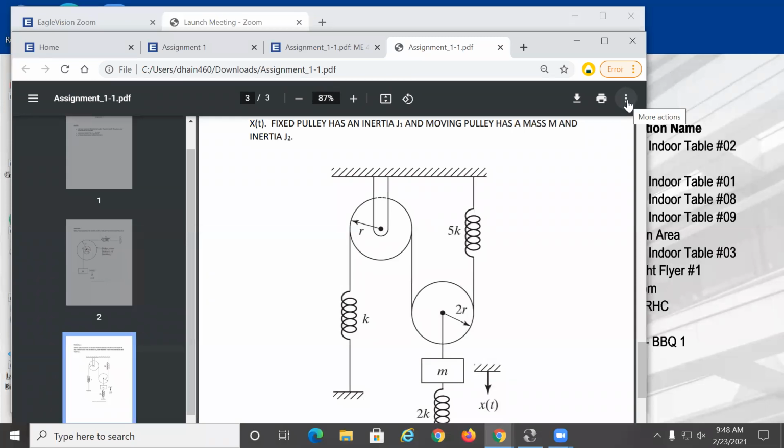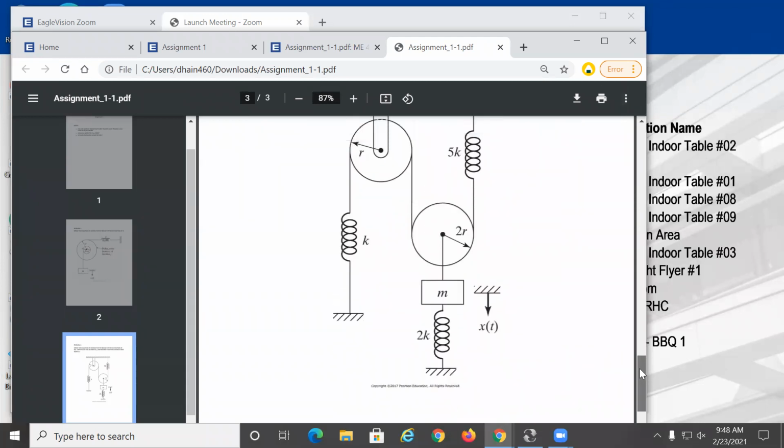Okay, so that's basically what we have over here.